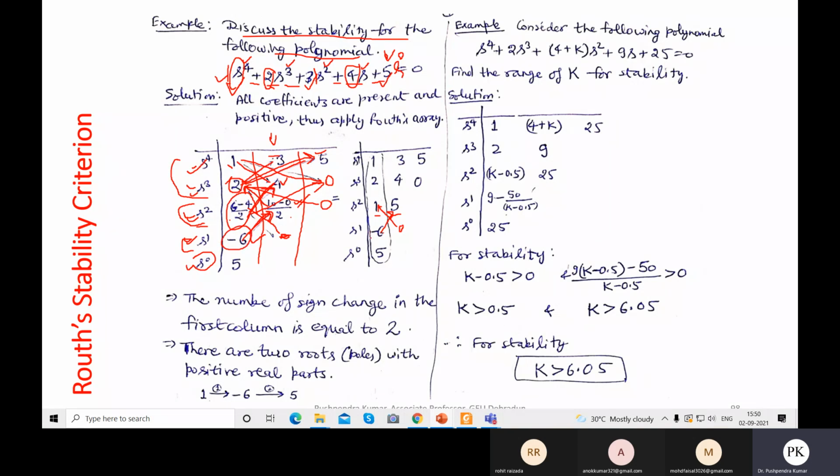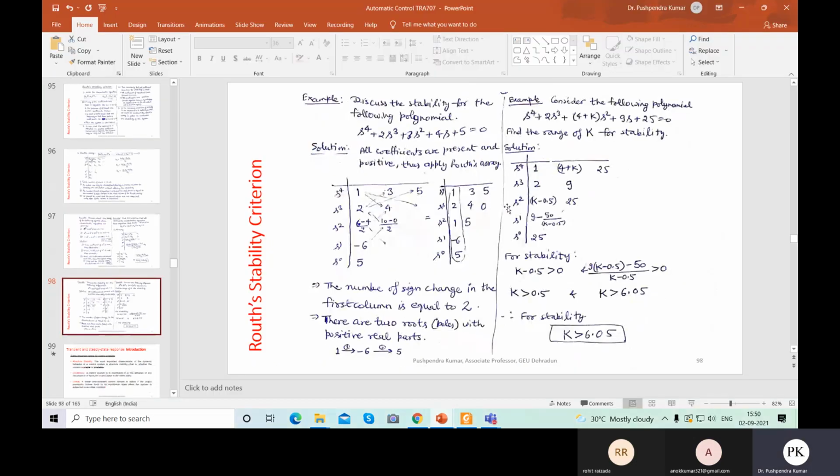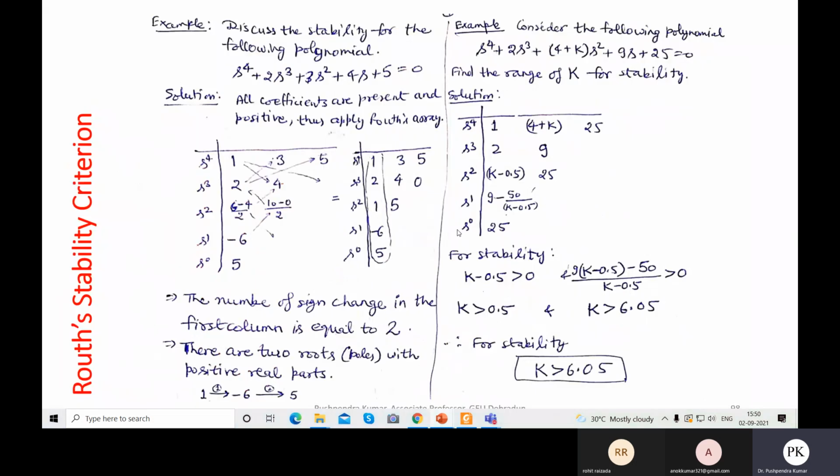So you will have 5. So finally you have this array. I write this array here in simplified form. This is the array. Now you look at the first column of this array.